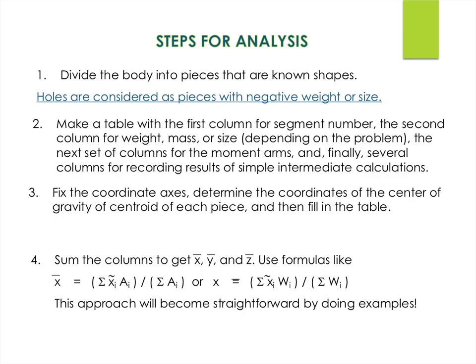So again, we have a series of steps. We want to divide the body into pieces whose shapes we know. Holes will be negative weight or size. We make a table, and we want to put on that table for each object its weight, mass, or size, depending on what we're doing, and then columns for their x values, their y values, and their z values.